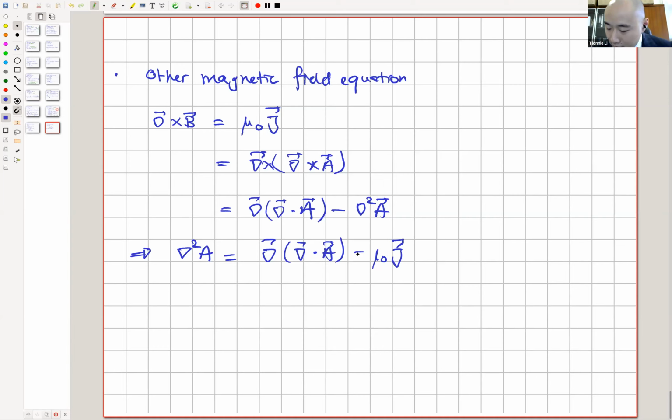But here, I'm going to go a step further and say, and I'll underline this, if the divergence of A equals 0, then I get a very neat Poisson equation again.